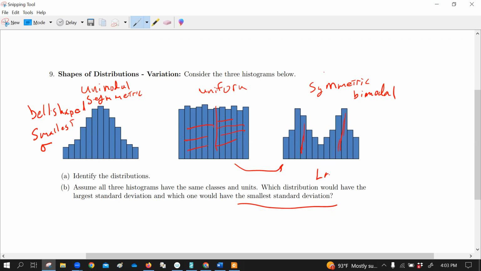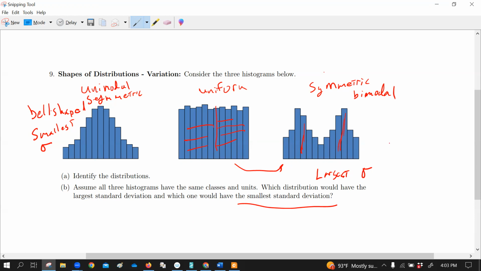So this will have the largest standard deviation, the largest variance. Because it's thinking about the averages in the center, they're piled up. But this one is kind of uniformly spread, so that's going to be somewhere in the middle. So that answers that. Okay. So I think this answers your question about how can you tell which has the most variation?